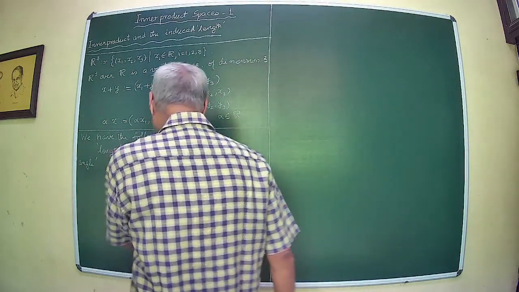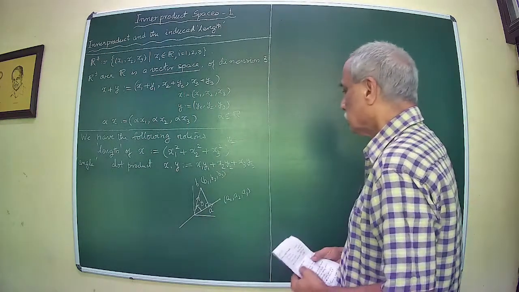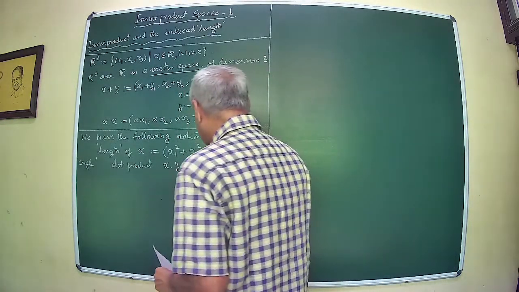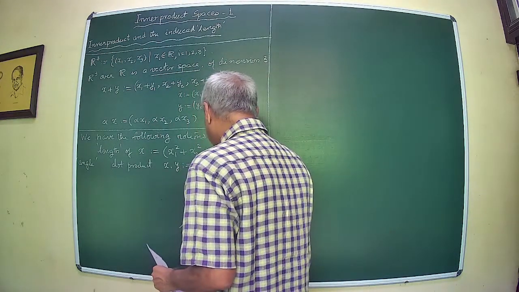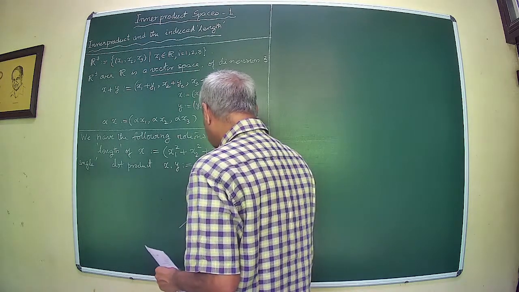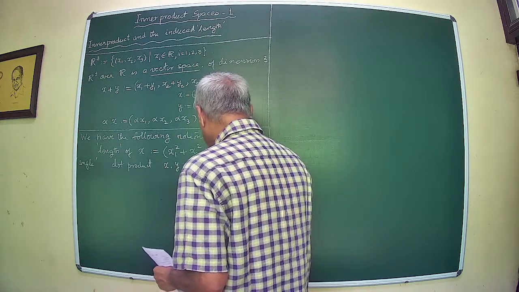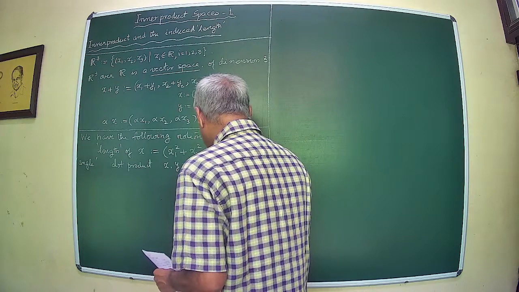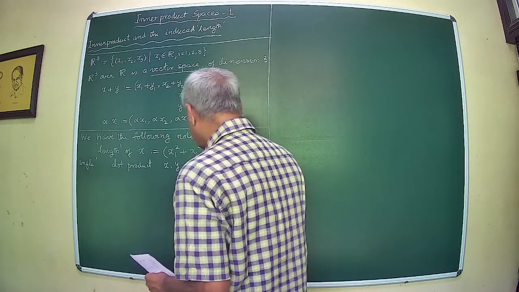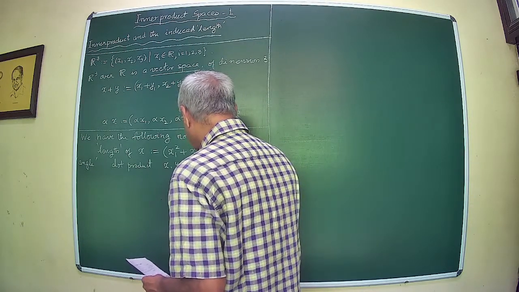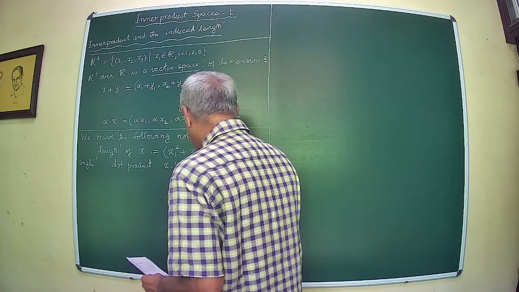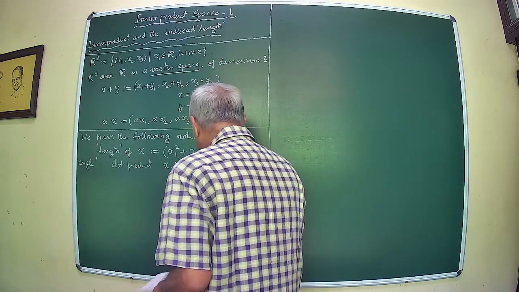Such things we have not introduced at all. So you see that, since we are working at a point, say this is A, this is B, and now let me say this is C.